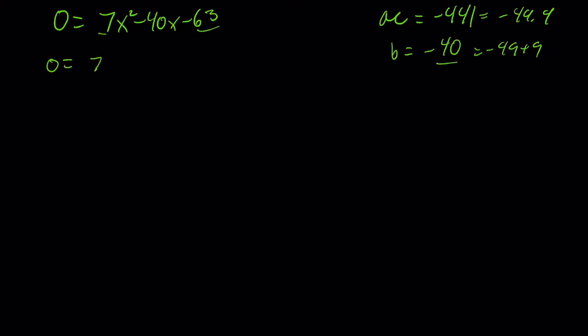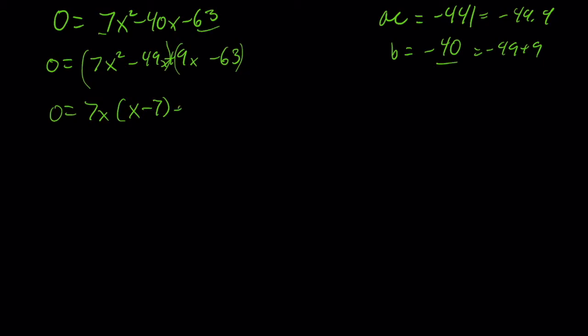So I use those terms to pull apart my middle term. And then I can factor by grouping. The greatest common factor of 7x squared and 49x is 7x. The greatest common factor of 9x and negative 63 is 9. So I have 0 is 7x plus 9, times x minus 7.